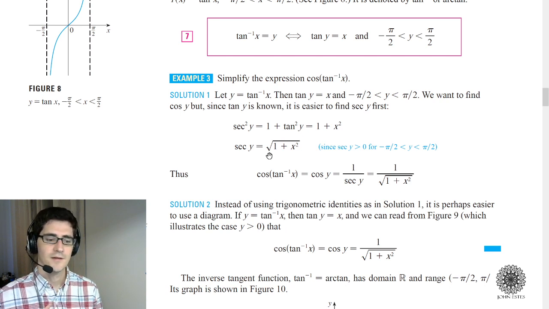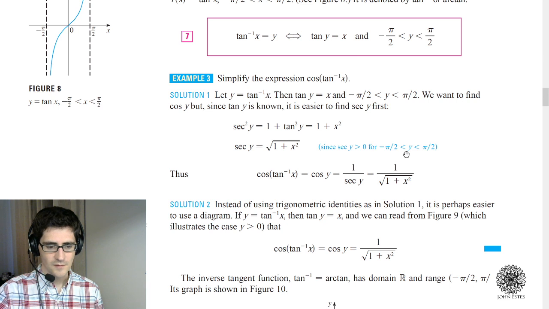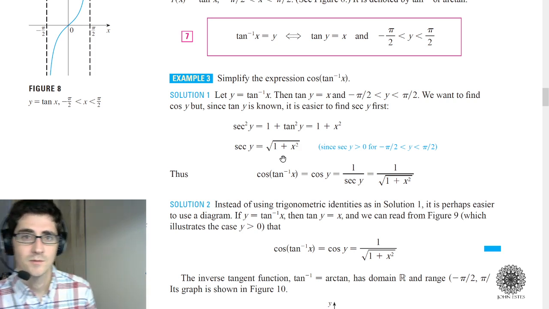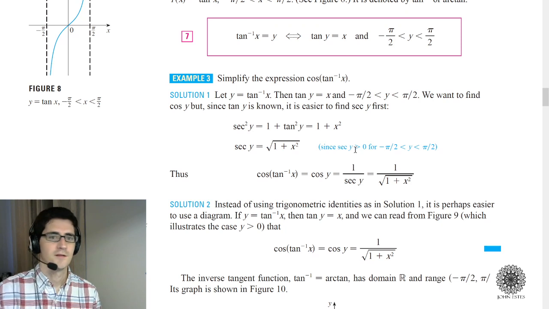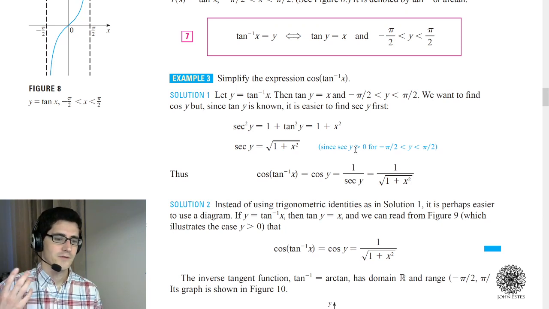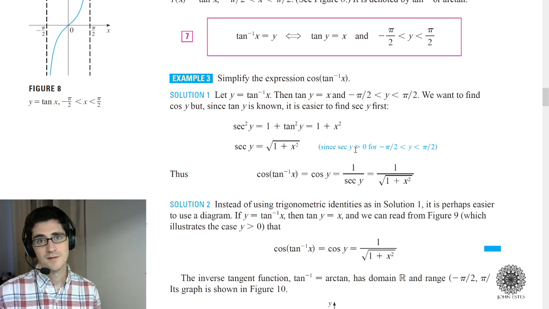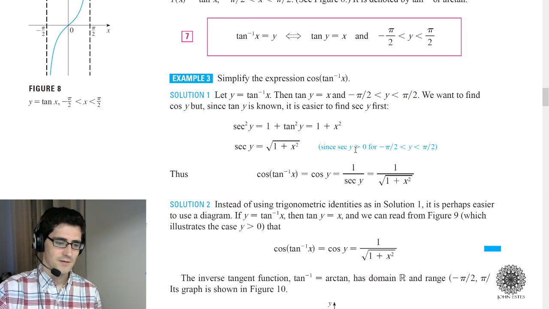And I don't have to worry about the negative, because, when you take the square root of both sides, you're supposed to say plus or minus, but remember secant y is positive because we're restricting our y values from negative pi over 2 to pi over 2. Quadrants 4 and 1, cosine and secant are both positive on those quadrants. So this is fine, the square root of 1 plus x squared.